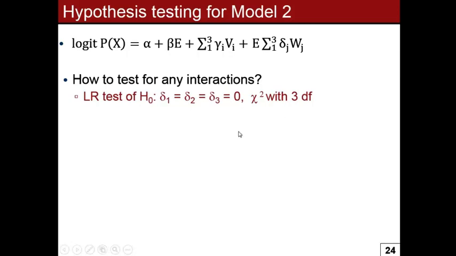The full model is this, and the reduced model considers dropping the interaction terms, the effect modifier terms, more precisely. And so a likelihood ratio test testing delta 1, 2, and 3 equals 0 uses a chi-square distribution with 3 degrees of freedom.